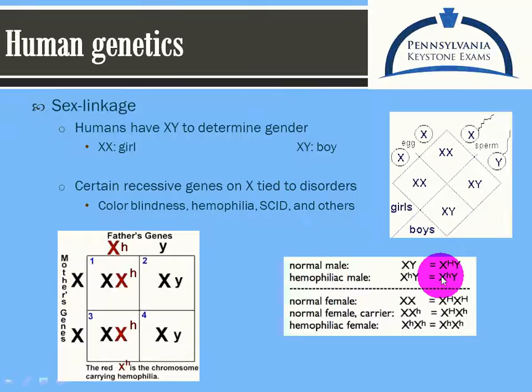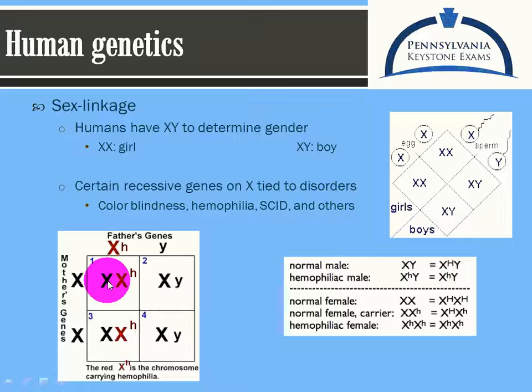So if you look here, instead of dealing with an A and an A or a B and a B, we are using X and we are using Y. X denotes the X chromosome and Y denotes the Y chromosome. You can see here having this little h is showing you that they are carrying the recessive gene for hemophilia.